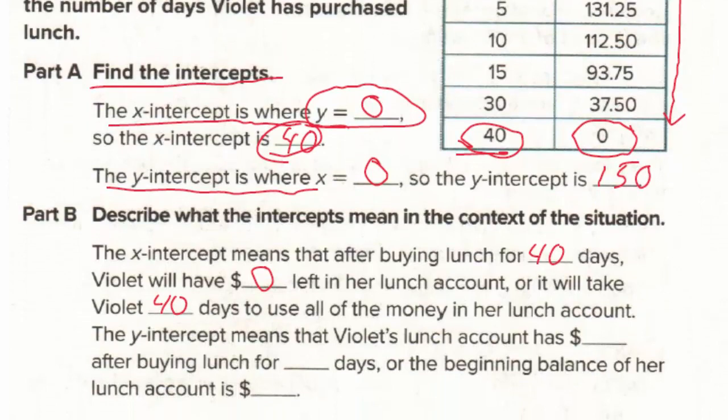The y-intercept means that Violet's lunch account has 150. Now the y-intercept is the actual number, 150, after buying lunch for 0 days. So that's like the starting point. You're going to find that in a lot of our word problems, the y-intercept tends to be a starting point on our graph, or the beginning balance of her lunch account is $150.